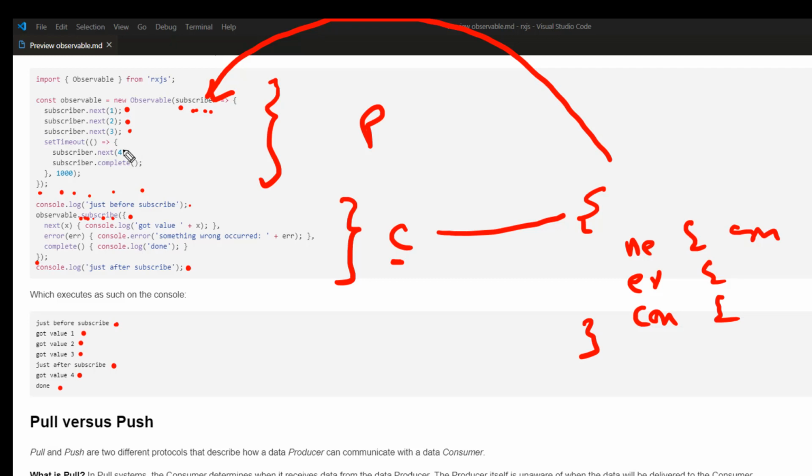So now you understood observables can support synchronous data as well as asynchronous data. So this is the synchronous part, this is the asynchronous part. Observables are designed in a smart way that they support both ways of implementation.